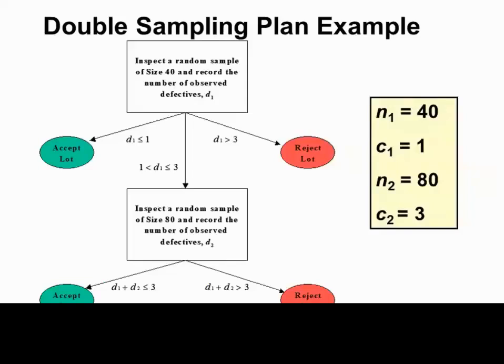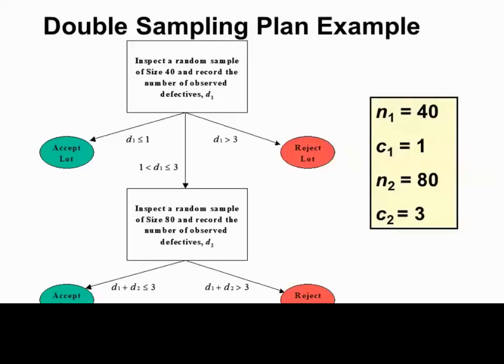So here's an example where you start with 40 and your acceptance number is 1 on the first sample. So if you're 1 or less on the first sample, you're good, you're done. If you're more than 1, then we look at the second C2.